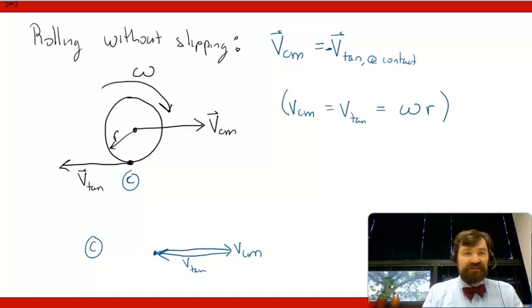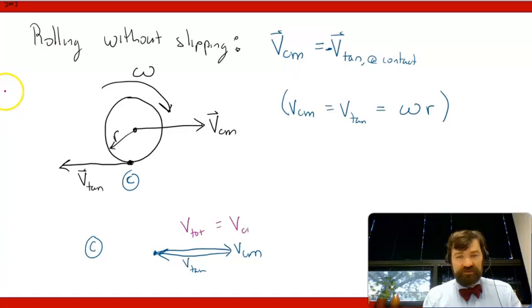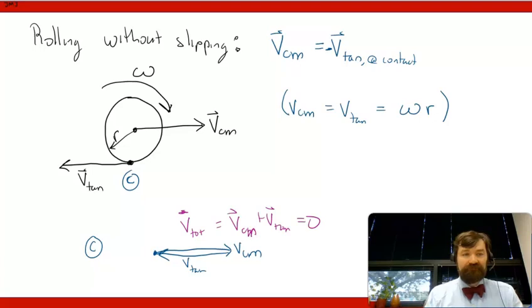And that means that the total, v total, is v center of mass plus v tangential, which is actually 0 at that one point. Now, what's so interesting about the fact that this sum gives us 0? Well, it means that the one point that's in contact with the ground has a velocity of 0 with respect to the ground.